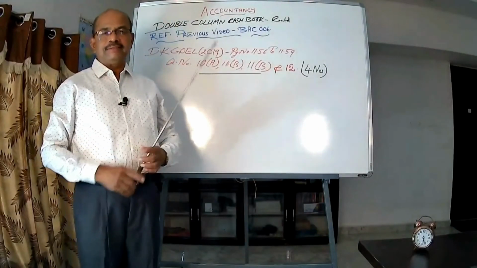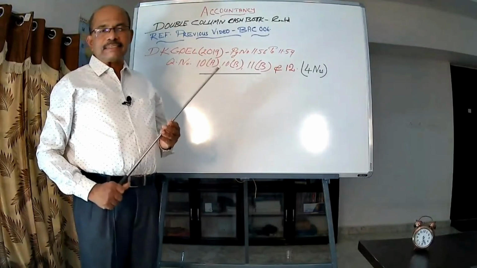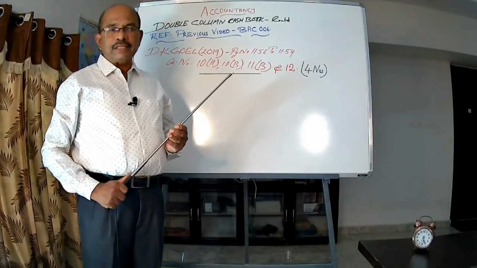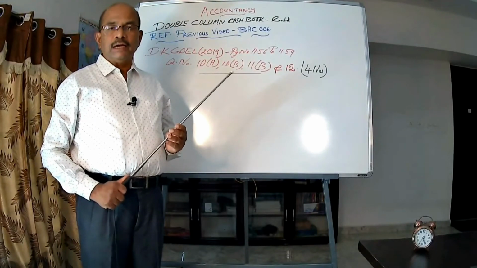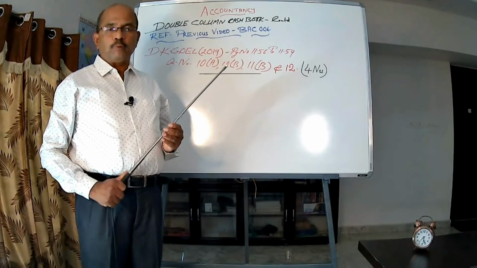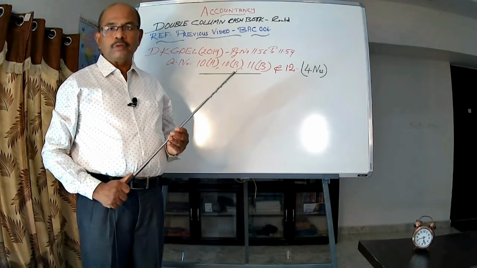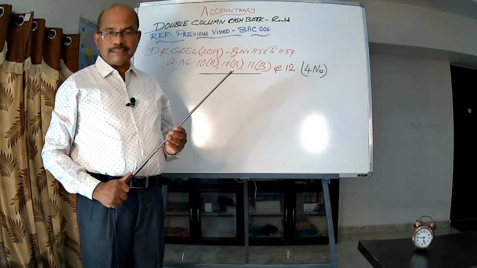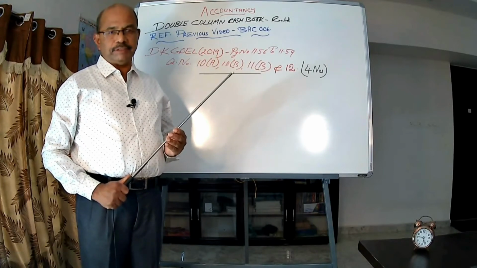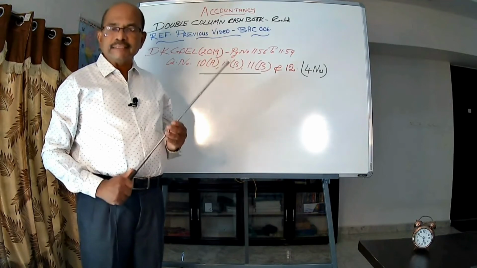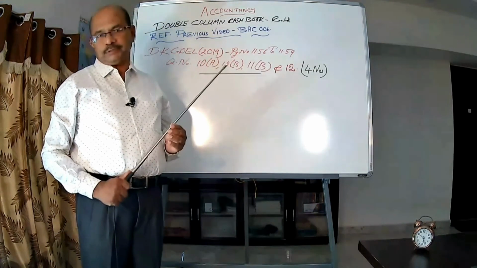Hello, students. As far as the chapter cash book is concerned, I would like to work out as many sums as possible, not 2, 3, or 4 as originally scheduled for other chapters. The reason being, this is a very important chapter.